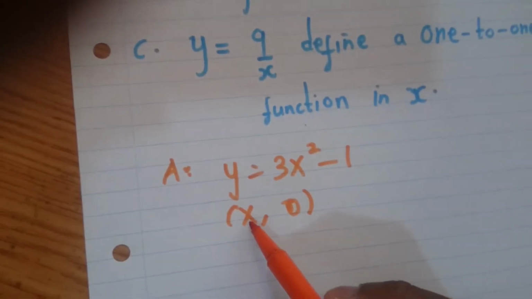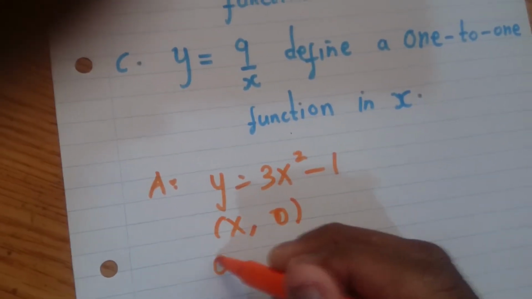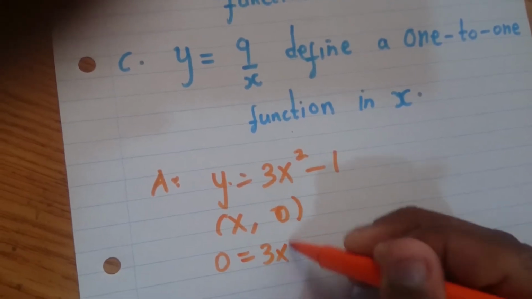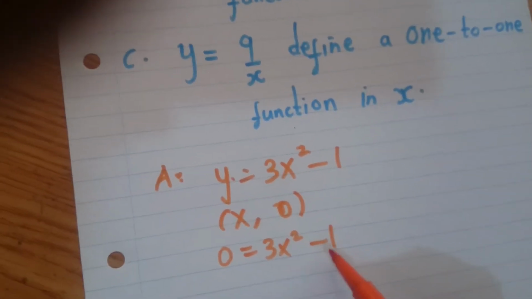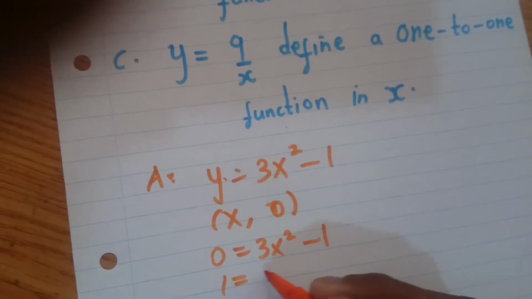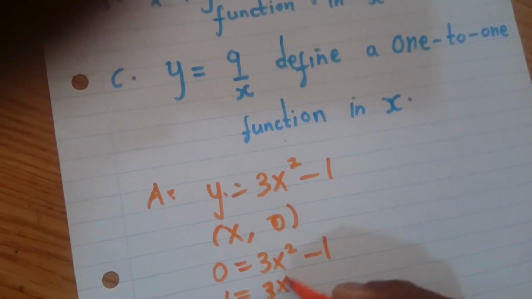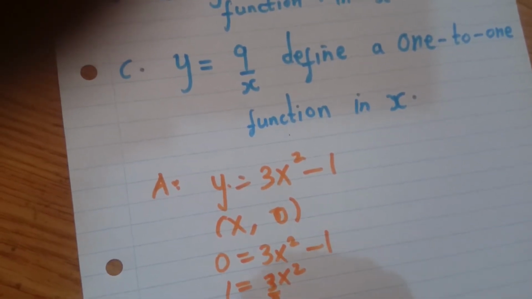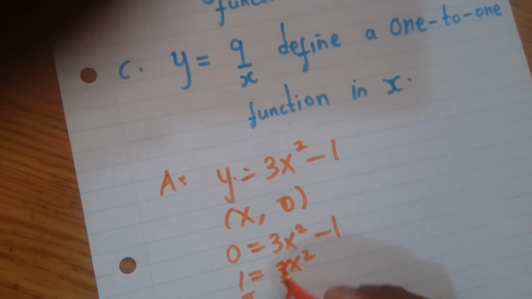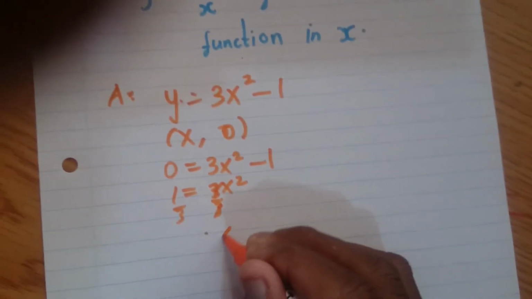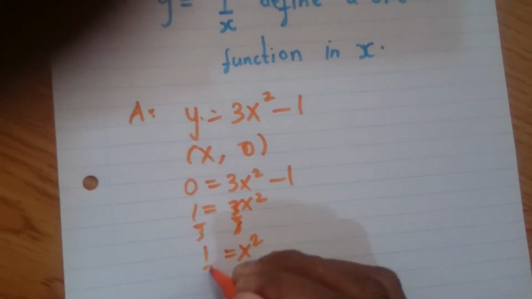Now for the x-intercept, y equals 0, so we have 0 equals 3x squared minus 1. This one can go over, so 1 equals 3x squared, and then divide by 3 on both sides. These cancel, so x squared equals 1 over 3.